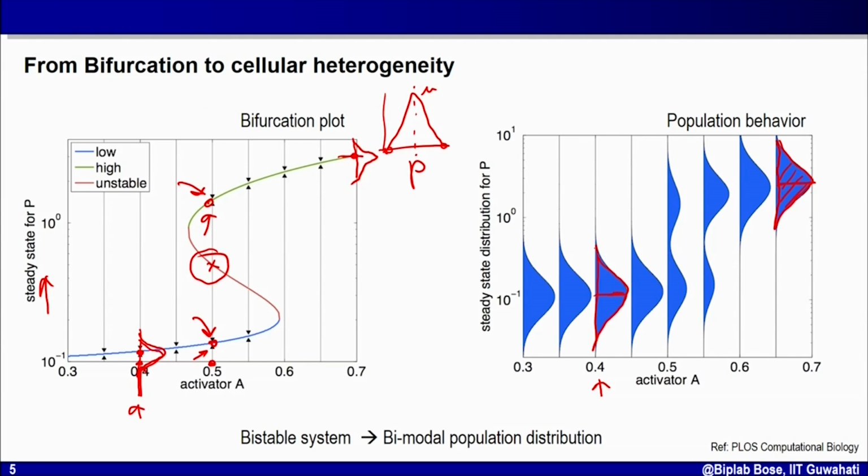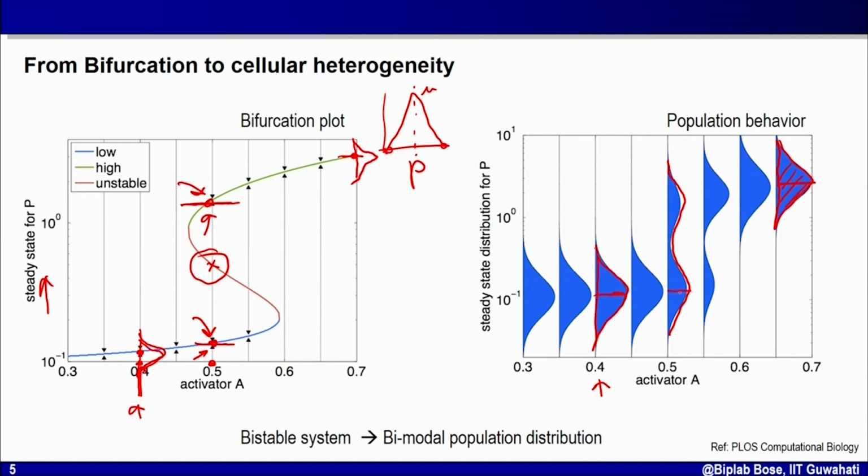So I will have a population whose average value will be this one, the lower, stable steady state, and there will be another subpopulation which will have an average value of protein P at this upper stable steady state. So what will I observe? If I measure protein P in each of the cells and then draw a histogram, now I will have a histogram like this with two peaks.